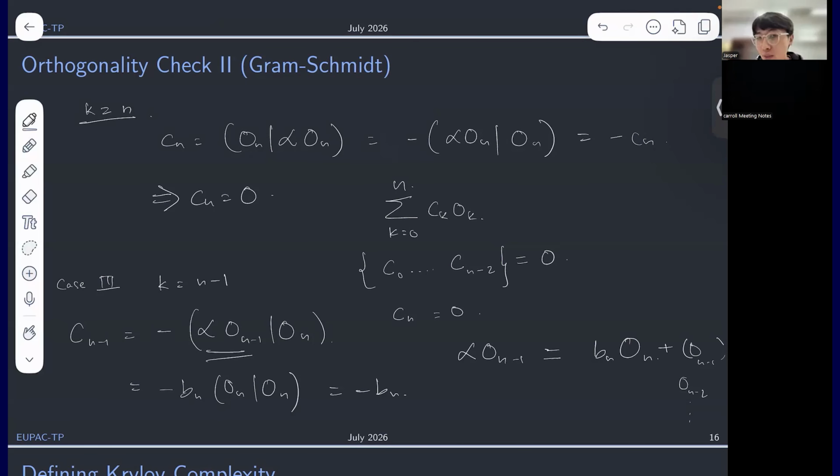Yeah, because from our assumptions, they are orthogonal to On. So the overlap will only be with the immediately preceding vector, On minus 1, and therefore you have to subtract that. My question is, wouldn't that condition make the Liouvillean Hermitian?